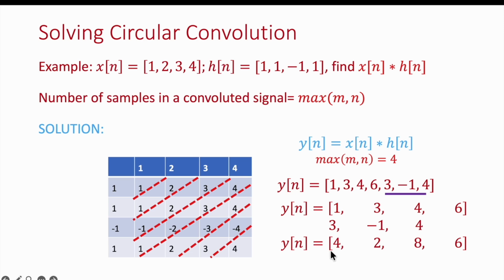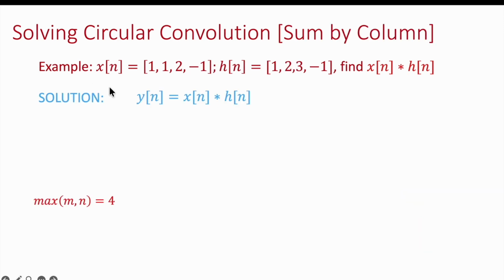So there is another example, like x of n is equal to 1, 1, 2, minus 1, and h of n is 1, 2, 3, and then minus 1, and you need to find the convolution between these two signals. And this time you are using the sum by column method.